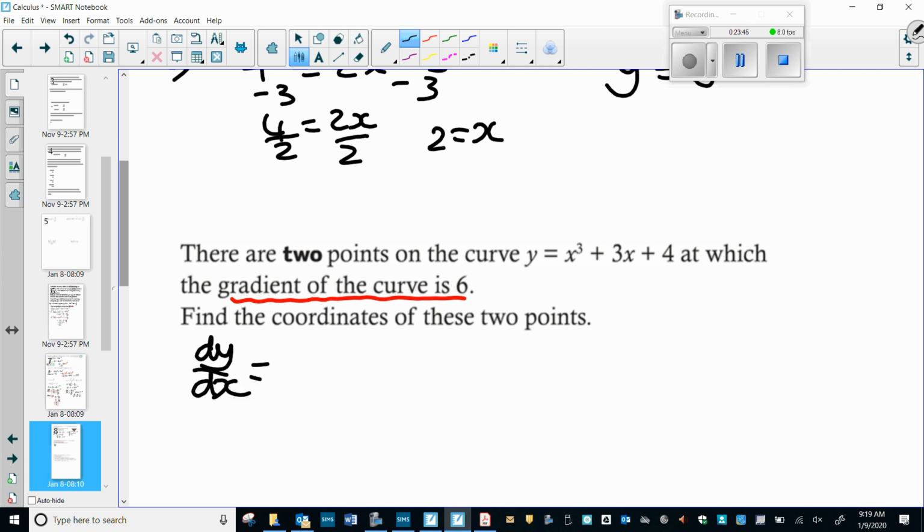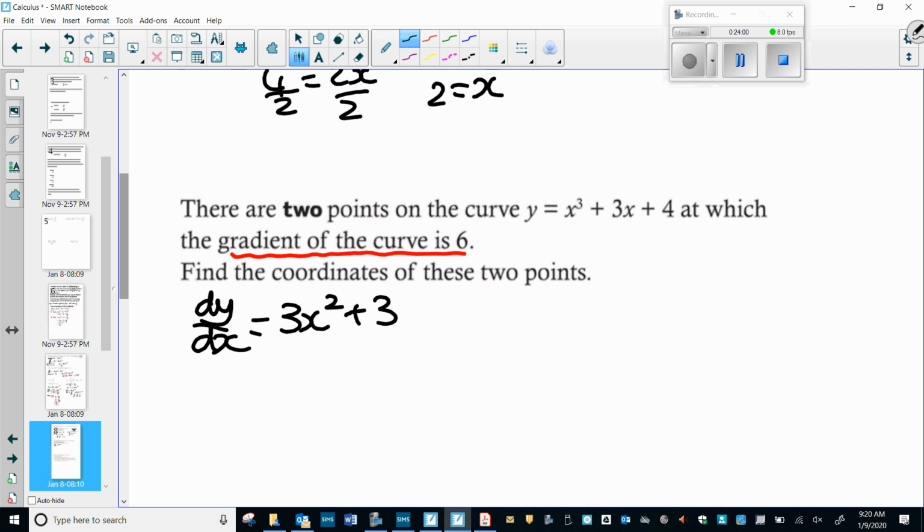Okay, so what's my derivative, please? 3x times 2 plus 3. Okay, and what do I do now? Careful.